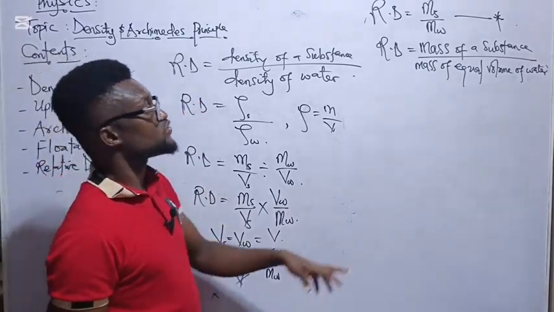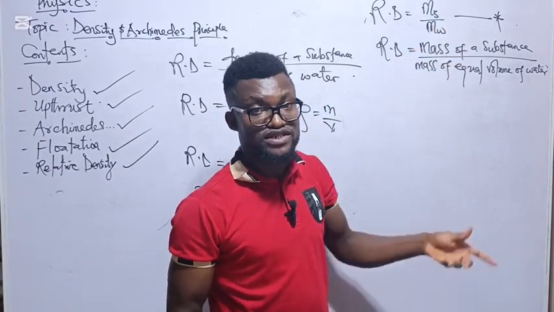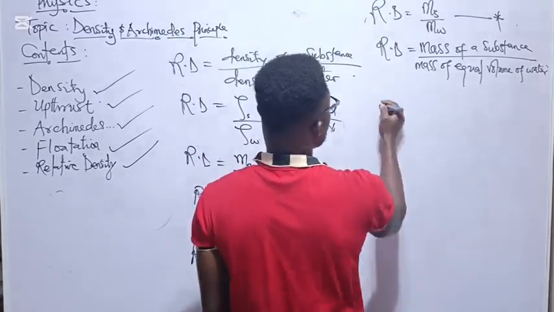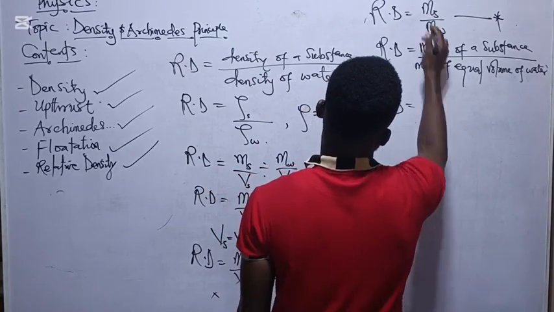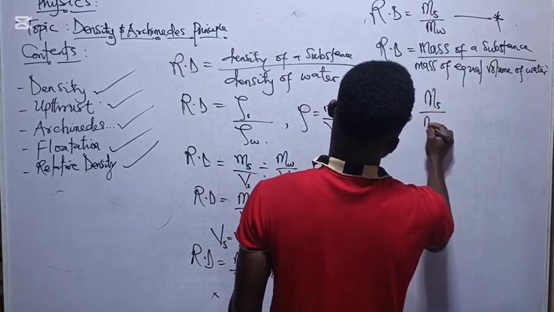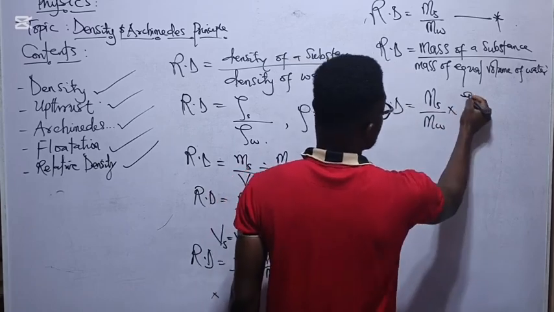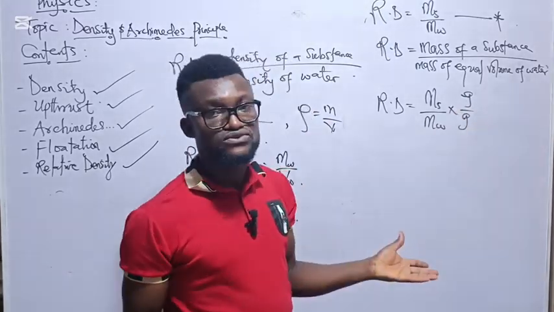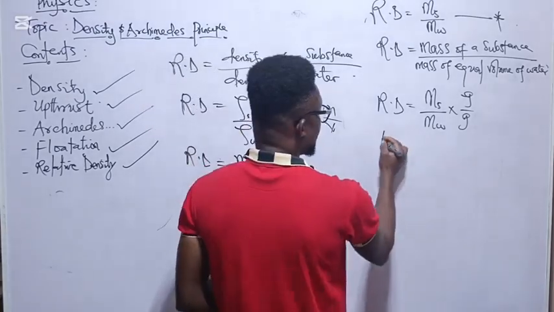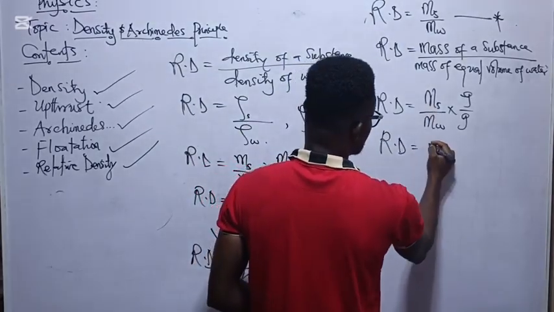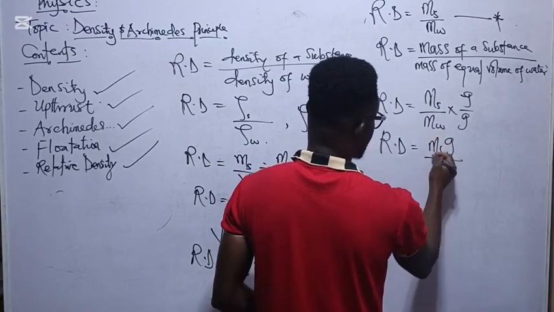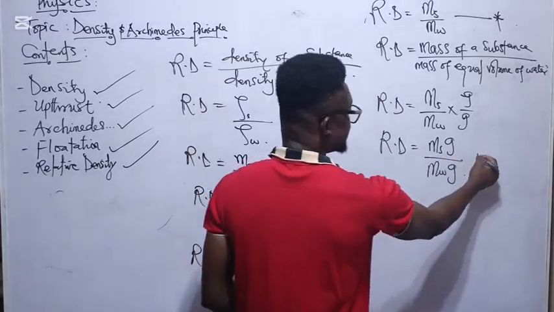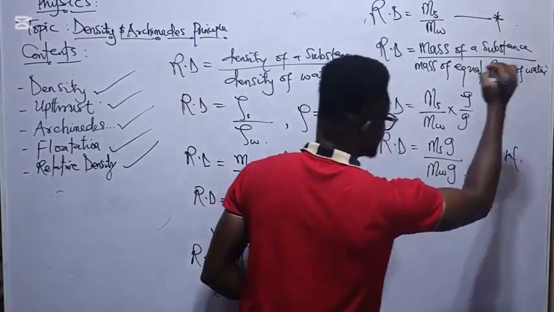Then again, if you are to introduce acceleration due to gravity, you get weight, because weight is a product of mass and acceleration due to gravity. So from this very formula, where we have relative density as mass of a substance over mass of water, now let's introduce g divided by g, which is acceleration due to gravity. If you cancel it out, you have 1. So we have relative density as mass of the substance times g all over mass of water times g. Now, mass times acceleration due to gravity, that is weight.